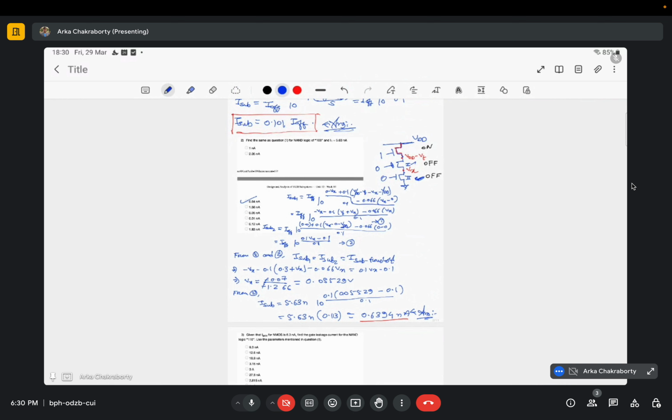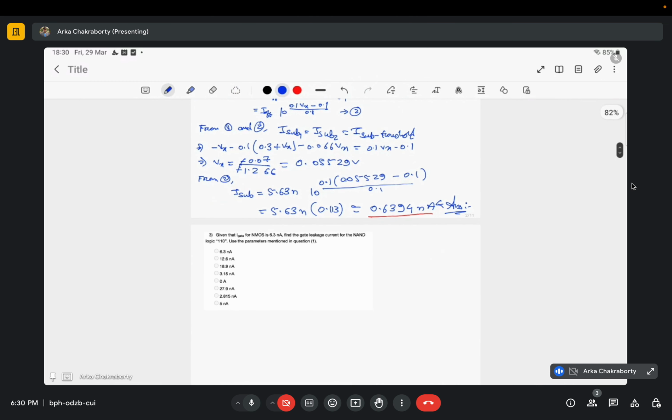You can find the subthreshold current for any such stack. For two variables, I need how many equations? 3 equations, right? And for one variable, I need 2 equations to solve it. Fine. For unique solutions.